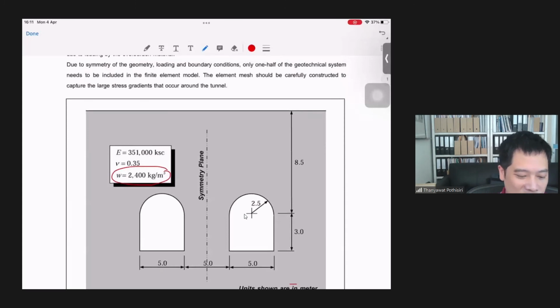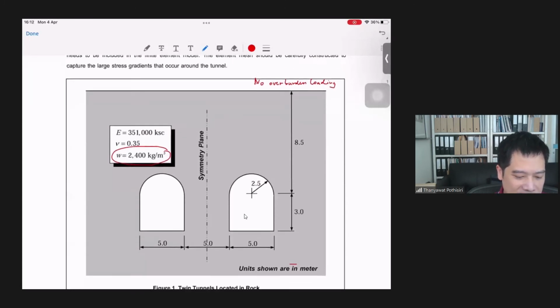So no overburden pressure in this case, no overburden loading on the top of the surface. Just analyze this problem by including the self weight of rock.